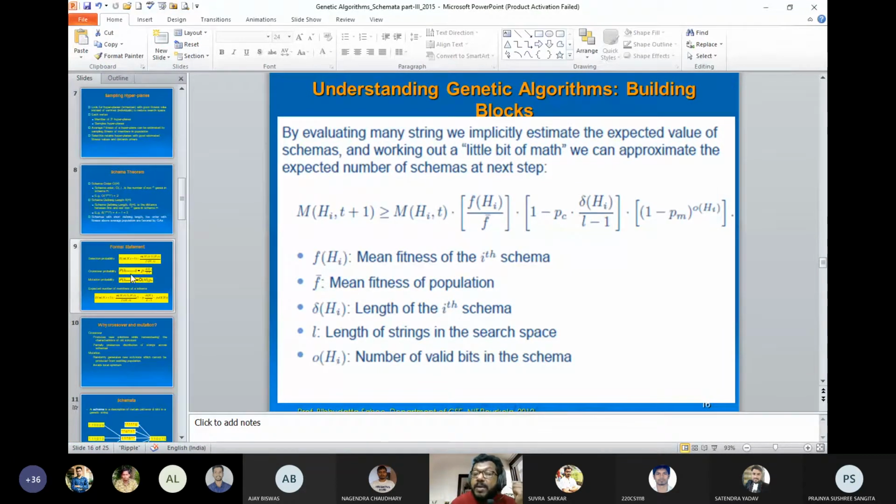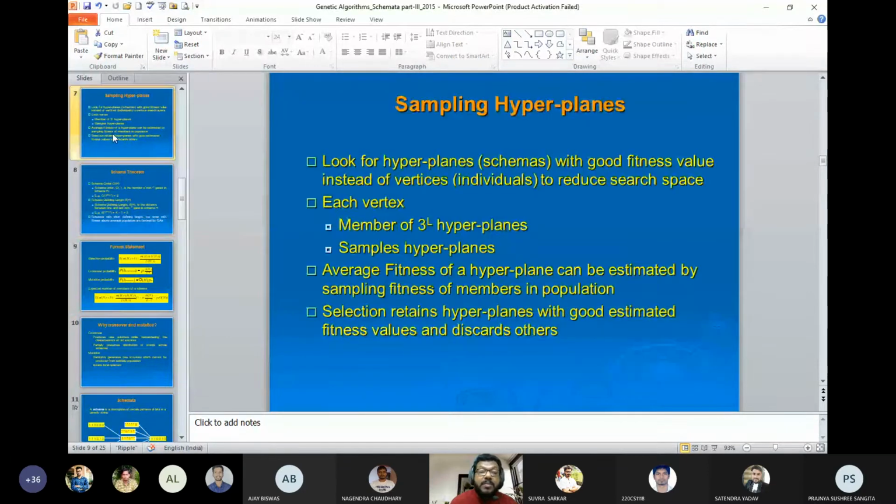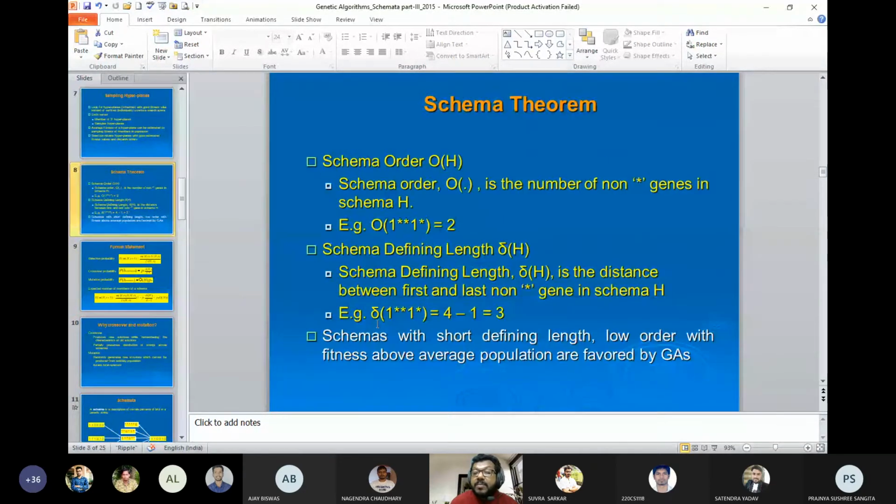So for crossover probability PC, you calculated delta of H, and then you have the length. Suppose the length of the string is 5, 5 minus 1 is 4. Delta you have calculated using this formula, and H is the particular schema. So you can calculate crossover probability and mutation probability.